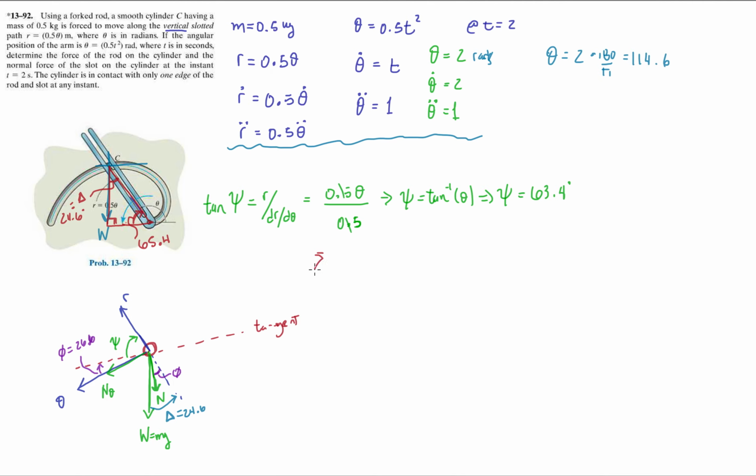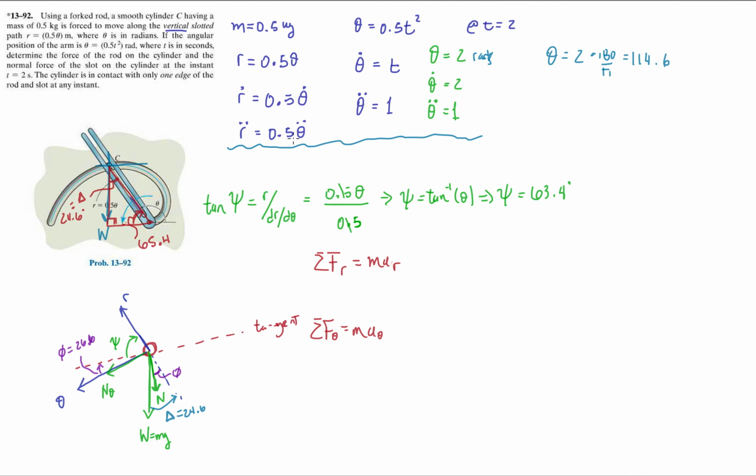We can say, okay, what are all the forces that are acting? Let's do the radial direction. What are all the forces that are acting in the radial direction? Right, and then what are all the forces that are acting in the theta direction?